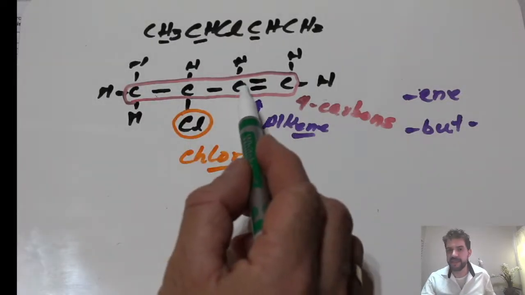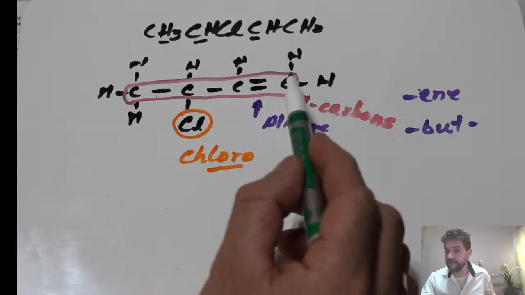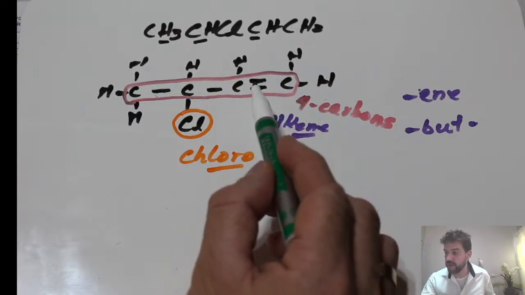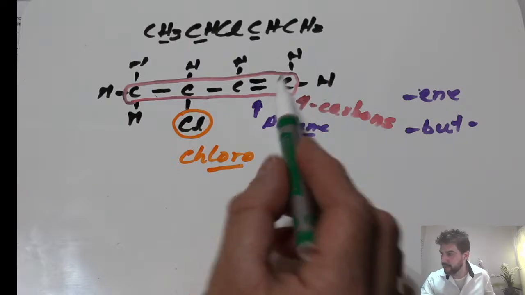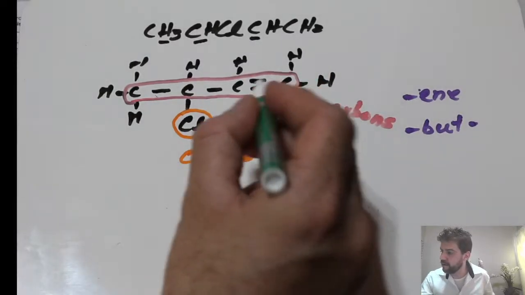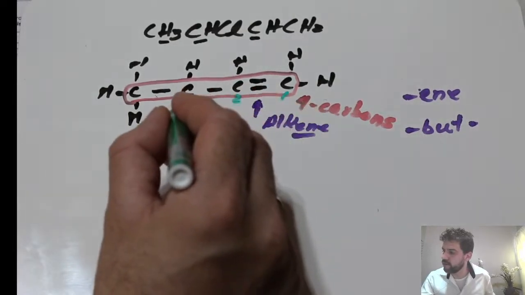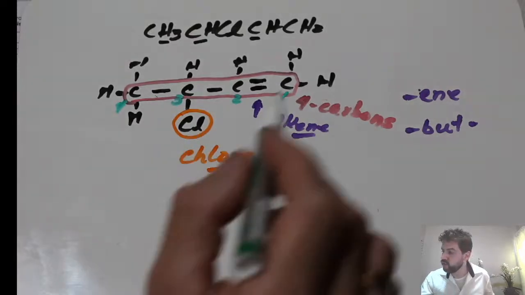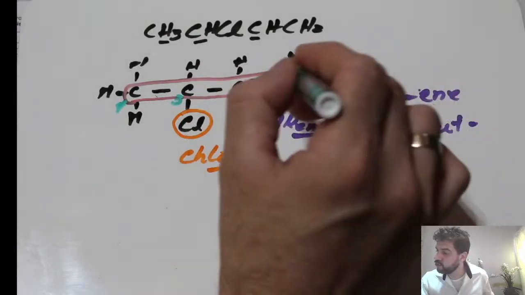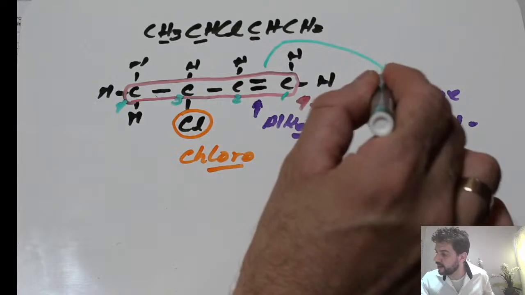The double bond is on the 3rd carbon. But if you start from the right, we have 1, 2. So the double bond is on the 1st carbon. All right? So this one will be carbon 1, carbon 2, carbon 3, carbon 4. When you do that, you come to the double bond and you identify on which carbon it is located.